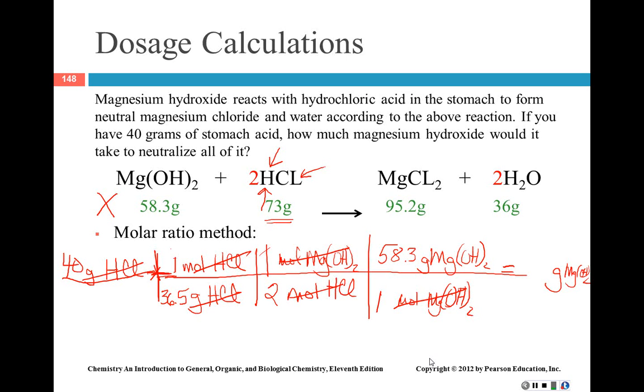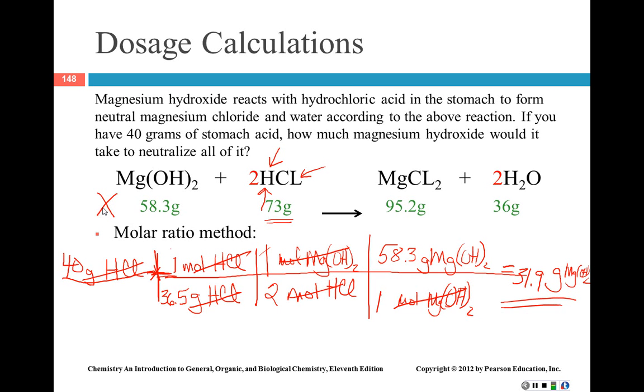Now, 40 times 58.3 divided by 36.5 and then divided by 2, and that should give me, if my calculations are correct, 31.9 grams. So that's doing it the traditional way.